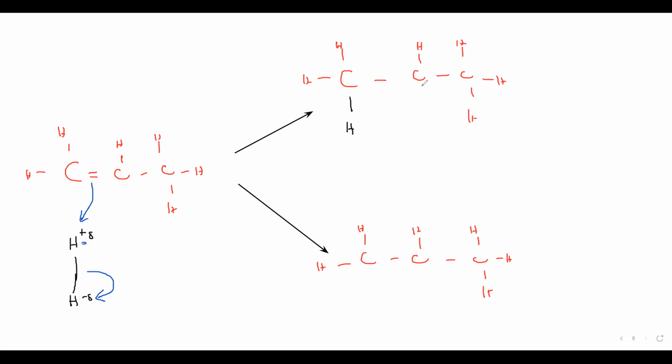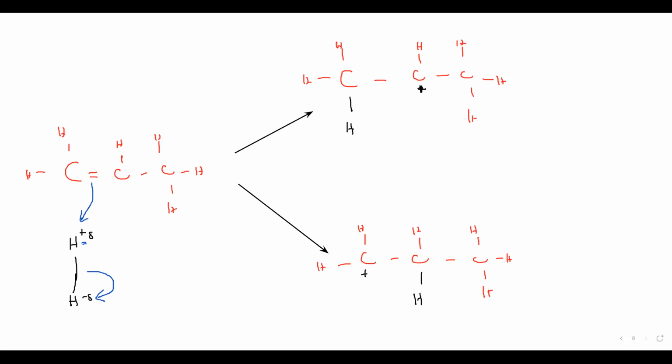So if hydrogen is attached to the first carbon, the second carbon will get a positive charge. Or this hydrogen here might attach to the second carbon. So if it is attached to the second carbon, then the first carbon will get a positive charge. But which carbon cation is more stable? The carbon cation which is surrounded by more alkyl groups has a greater stability.